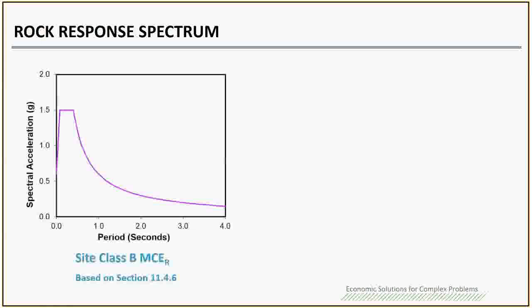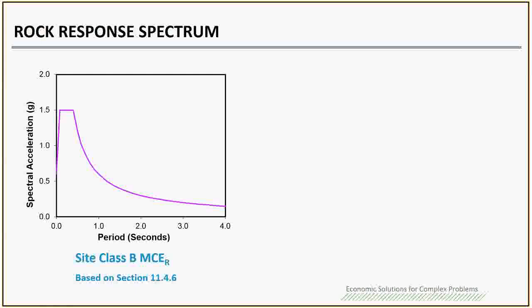So this slide shows how to determine the bedrock response spectrum. This figure just shows the approach. You use the USGS map directly and you get Ss and S1. For this case, Ss is 1.5 g and S1 is 0.6 g.